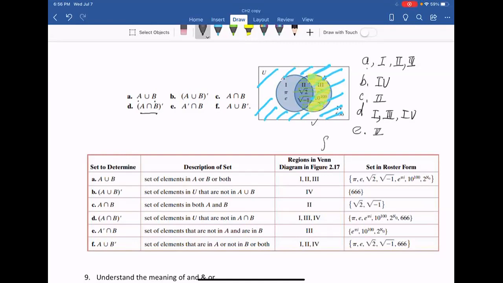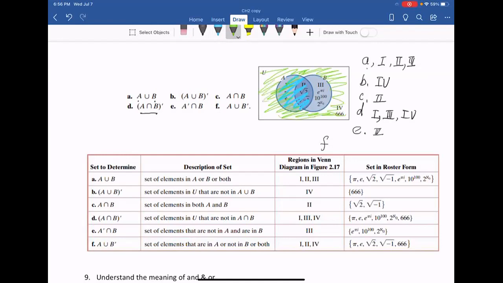Next question, F. A union the complement of set B. Let's clean the Venn diagram. A, use the blue color. So A union the complement of B. Complement of B is this area.